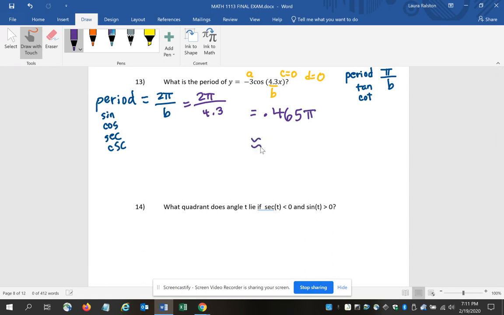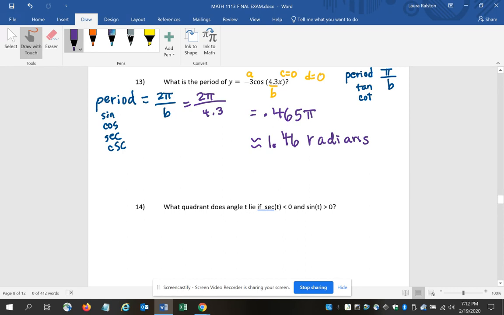Now, if I want a decimal approximation, I can use 3.1415 as the approximation for pi and multiply that, and in terms of decimal, the period would be 1.46 radians.